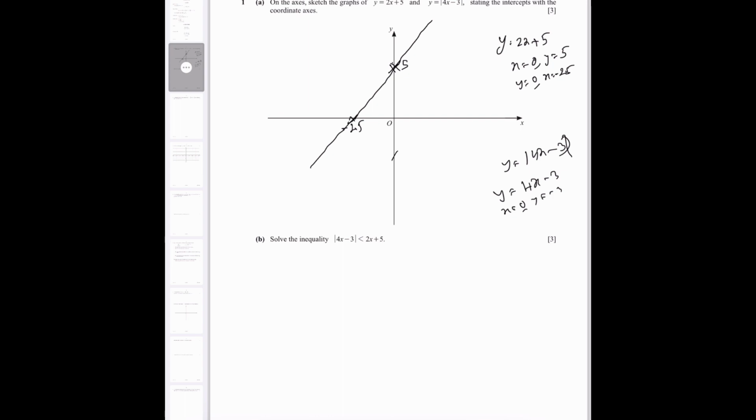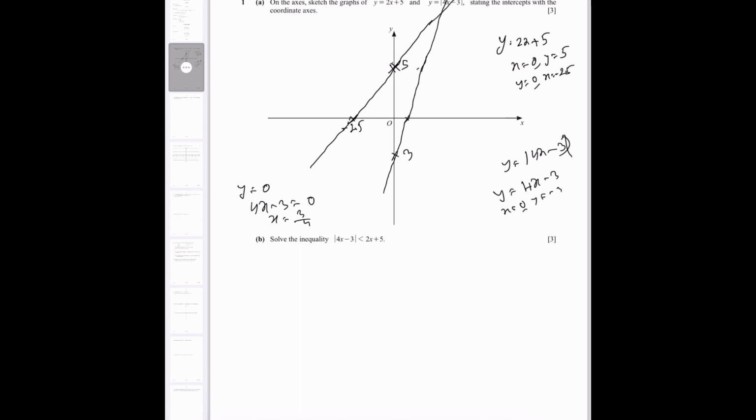If y equals 0, then 4x minus 3 equals 0, so x equals 3 by 4, that is 0.75. Now let me draw this line.